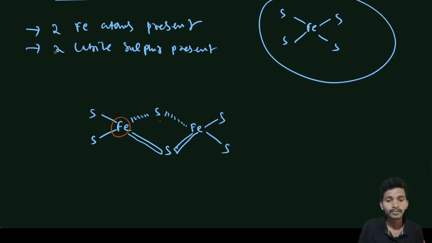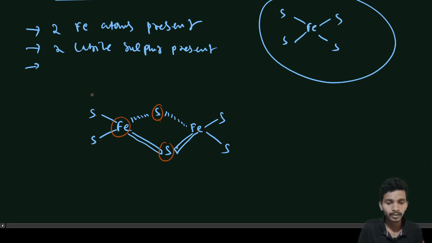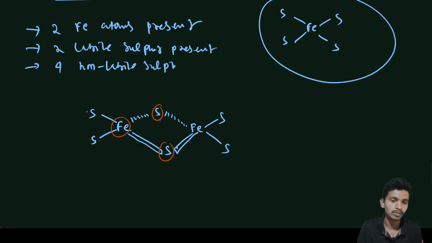So what we found here is that 2 Fe atoms are present. From this formula you understand 2 labile sulfurs, yes, 2 labile sulfurs are drawn, and 4 non-labile sulfurs are also present. So this is the form of Fe2S2.